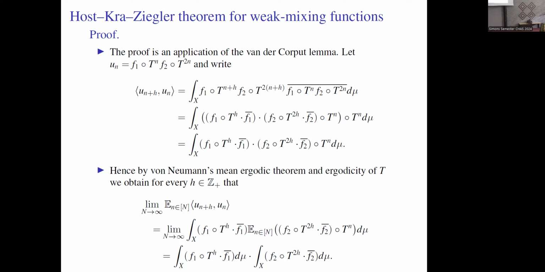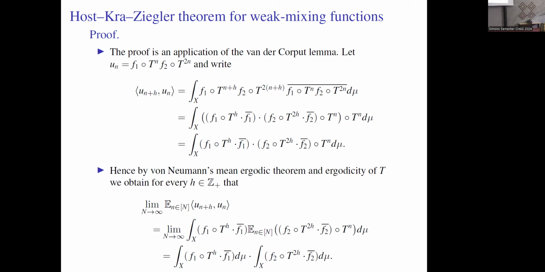You remember, we have to show that the lim sup of the average of expressions of this form converges to 0 as N goes to infinity. So let's take a look at what this is. If we apply u_n here and u_{n+h} in its place, then by the definition this is this integral.